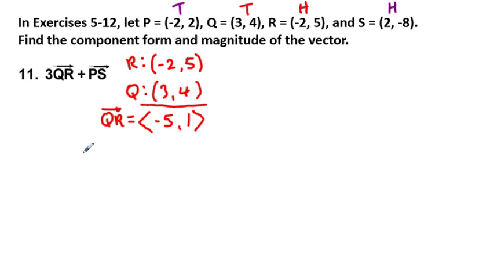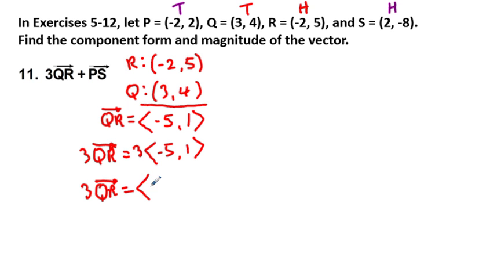And 3QR is going to be 3 times -5, 1. So 3QR equals 3 times -5, -15, and then 3 times 1, 3.